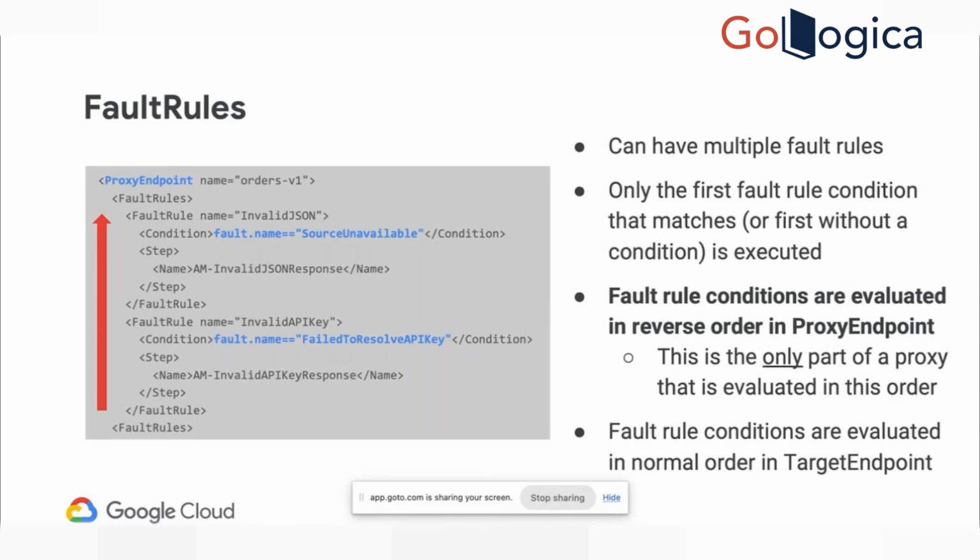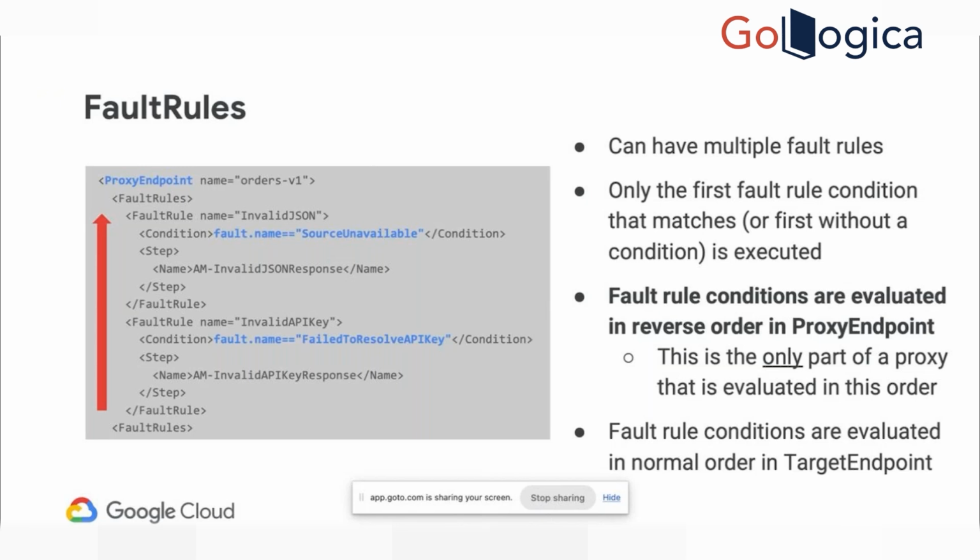Now remember that in APG, everywhere you have APG logic, route rule, flow, whatever, it is executed top to down. But fault rule is the only section, and that too in the proxy endpoint, that is executed from bottom to up.